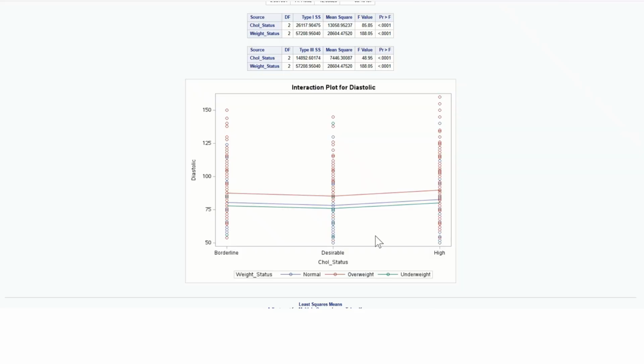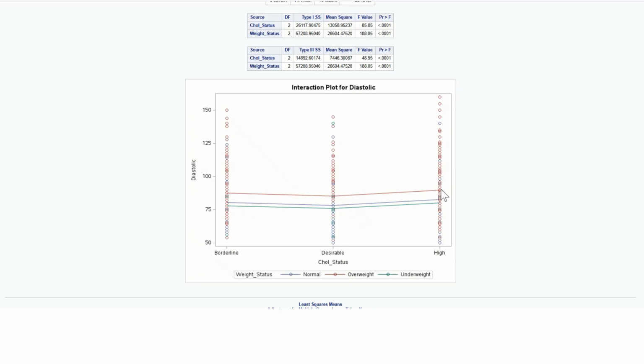This is for the diastolic blood pressure for different weight status, factoring in the cholesterol status. For example, we see that those who were overweight, with the borderline cholesterol status, still have higher diastolic blood pressure, and those with desirable cholesterol still have higher than normal weight individuals.